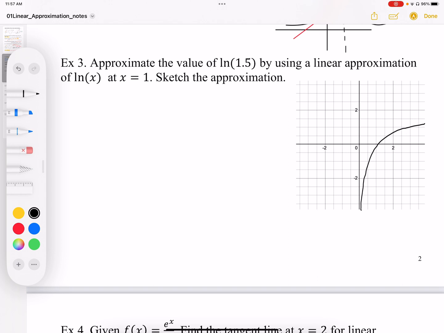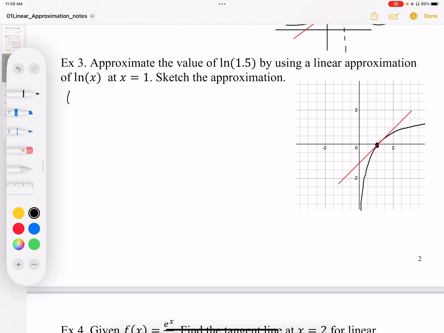There's a log x function, and it's going to pass through (1, 0). And we're going to use a tangent line at (1, 0). So I'm going to draw my tangent line through that point, and that tangent line is going to approximate a coordinate at 1.5. So again, the first thing I want to do is find the x and y point.